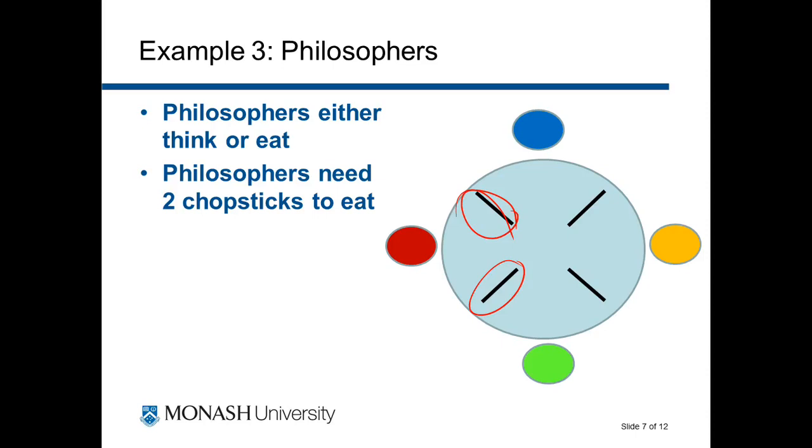Can anyone think of a solution? Assignment hierarchy. Right, so what you do is you say, this is the first priority chopstick, this is the second priority chopstick, this is the third priority chopstick, and this is the fourth priority chopstick.